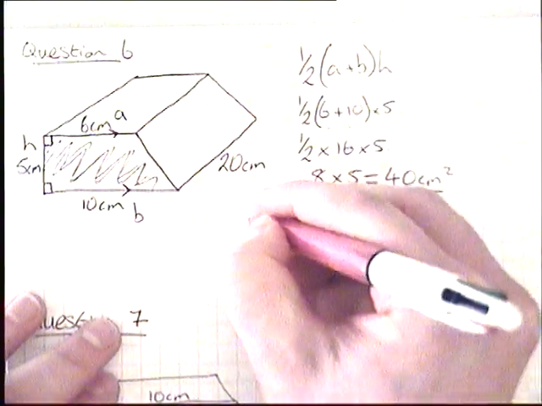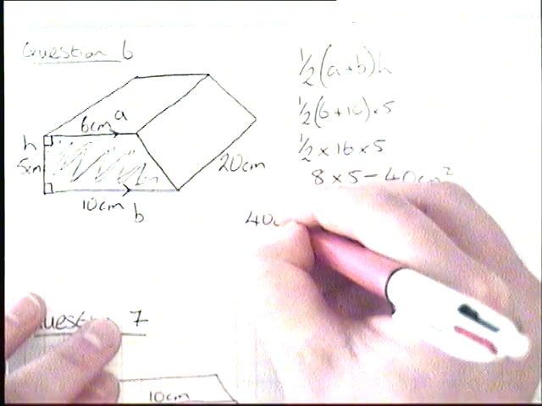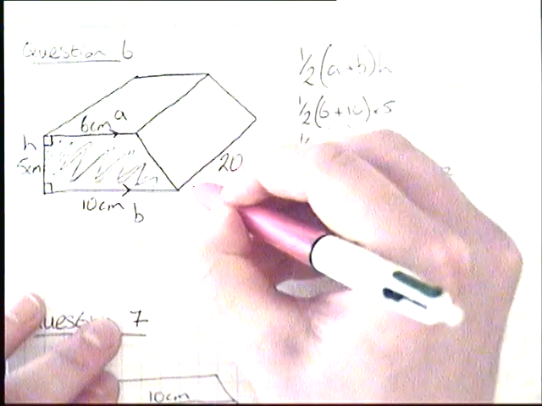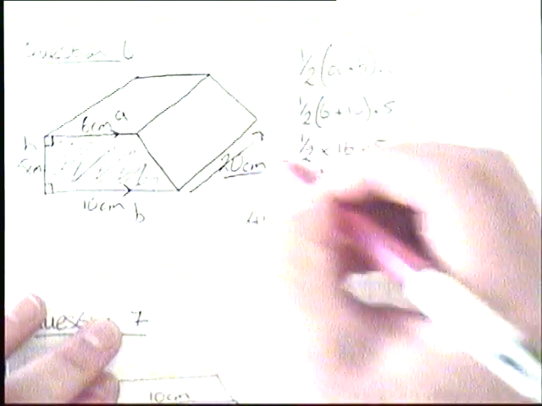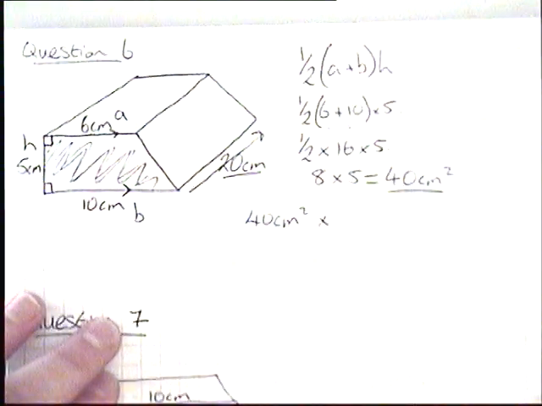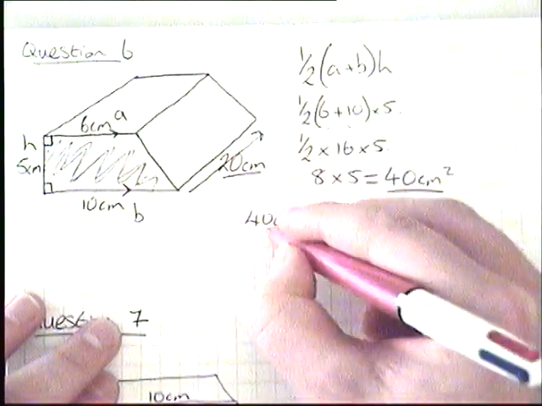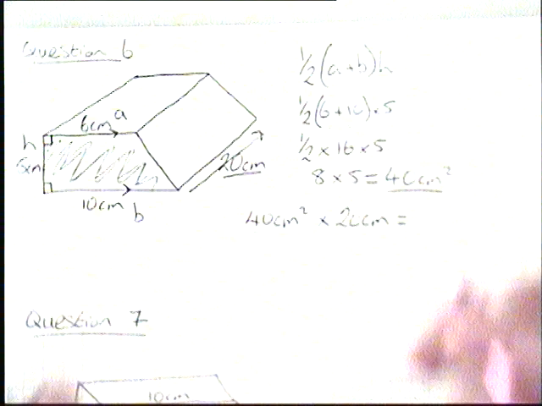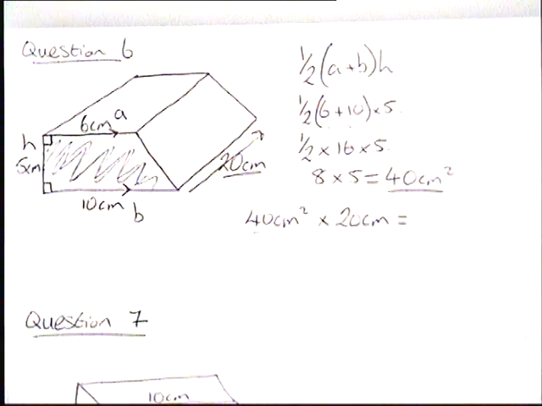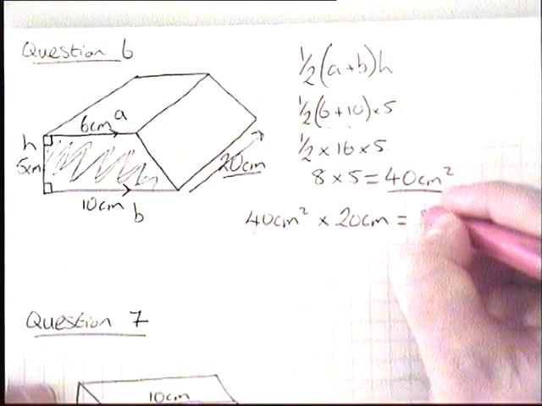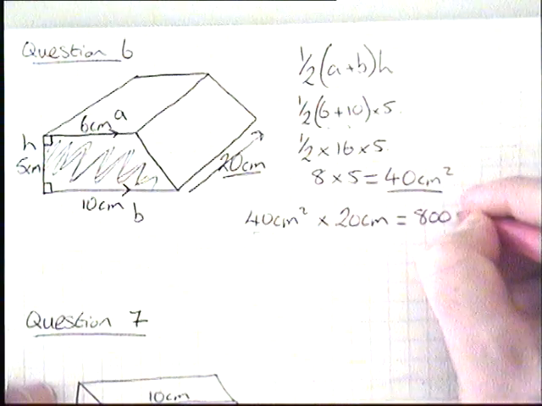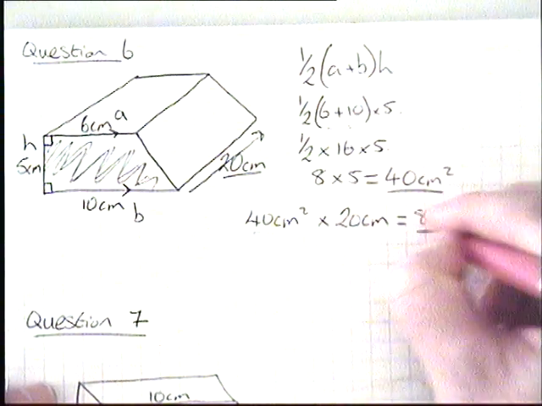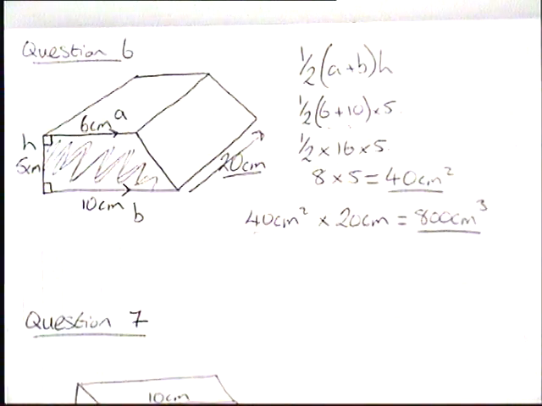Then we're going to times the area of our cross section by the length of our prism, which is 20 centimeters. So 40 centimeters squared times 20 centimeters leaves us with 800 centimeters cubed.